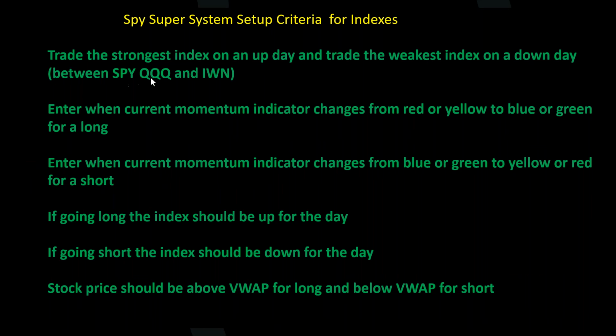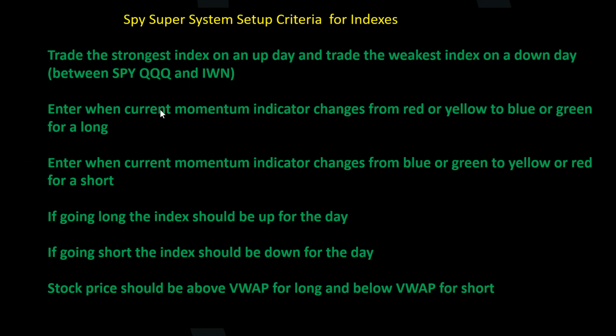So if the SPY is moving up faster than the Qs or the IWM, then you're going to go ahead and trade that. You would take the one that's the strongest, as long as it's not close to a resistance level. So you want to take the one that has the most room, but you want to take the strongest of the three. Again, I'm going to go over this in detail.